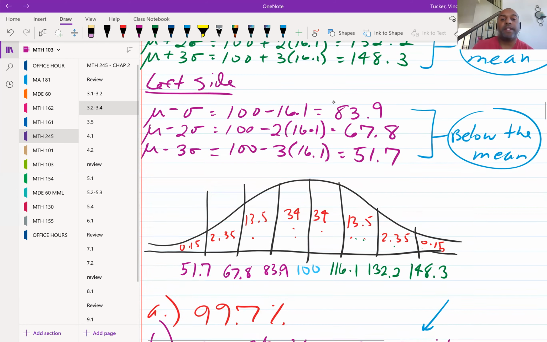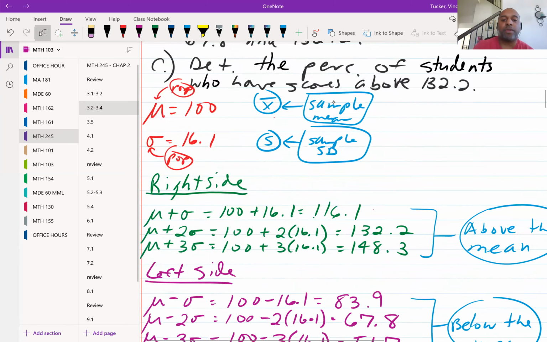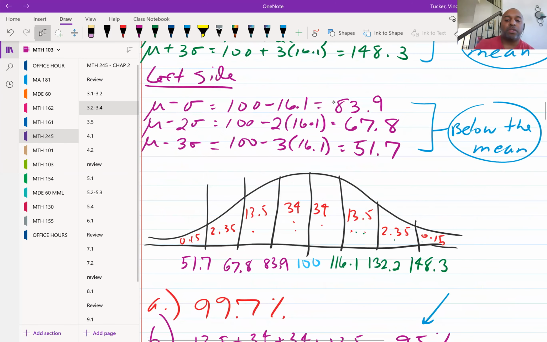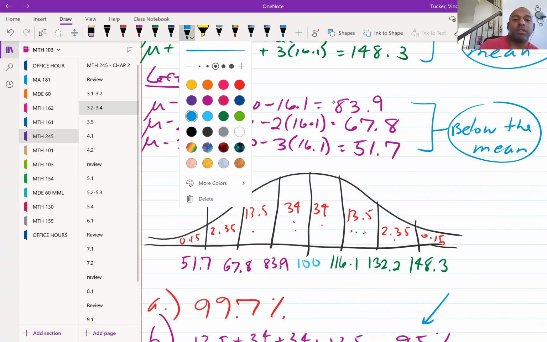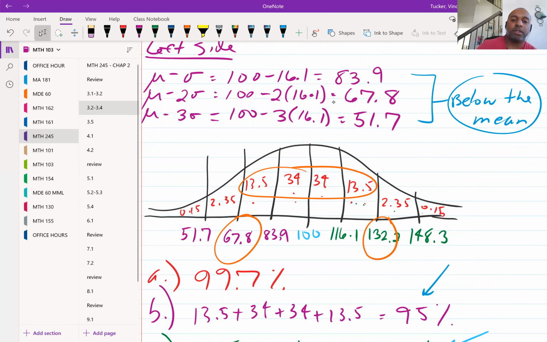When it comes to B, it says determine the percentage of students who have scores between 67.8 and 132.2. So 67.8 is right here, and 132.2 is right here. What you would do is add the percentages that are in between those two numbers.